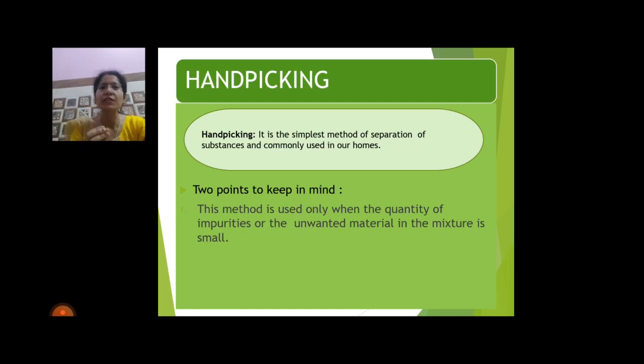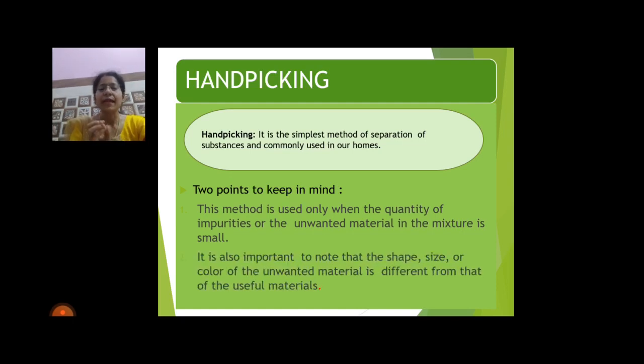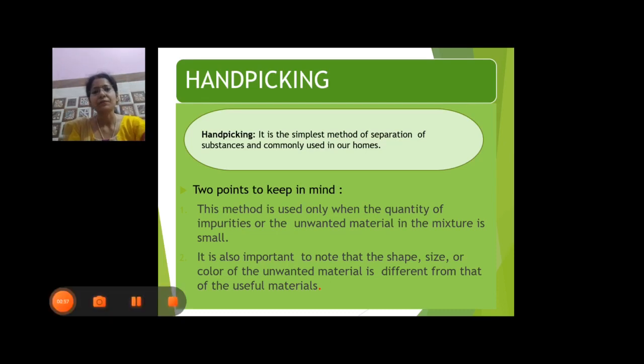Next, the size, shape and color of the unwanted material is different from that of the useful material, so that we can easily separate the constituents.